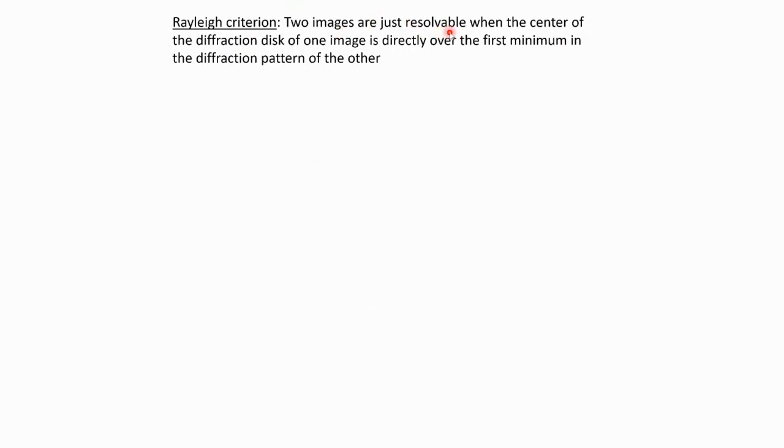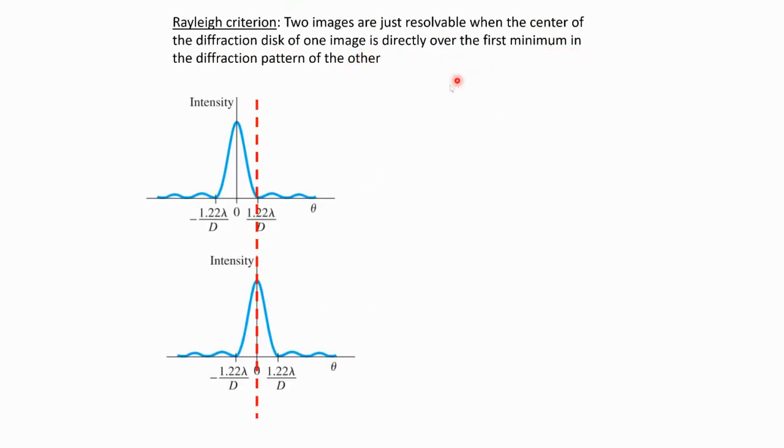So two images are just resolvable when the center of the diffraction disk of one image is directly over the first minimum in the diffraction pattern of the other. Arrange things like this. So here is the brightness from the image of the first object. If the brightness of the image of the second object aligns with this minimum, that is the Rayleigh criterion for something being able to be resolved.